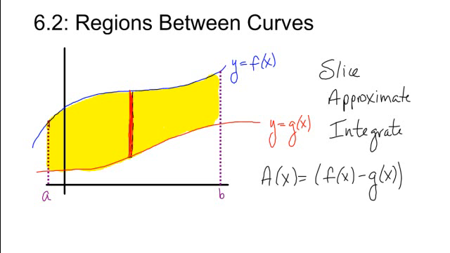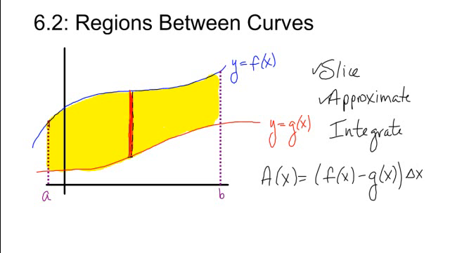And then the width, just like the width of the rectangles that we were working with earlier, is delta x. The width of your slice is always delta x. So we have drawn a typical slice, we have approximated the area of that slice, and then the third step is to integrate that over the interval in question.